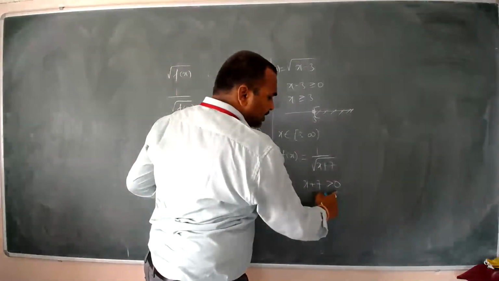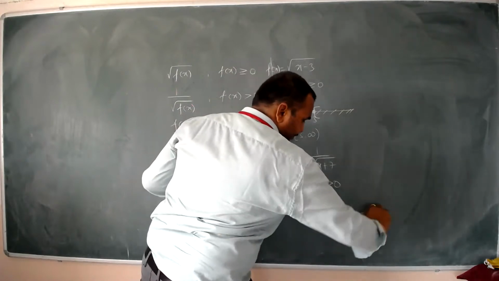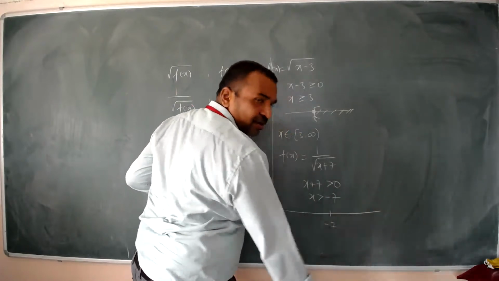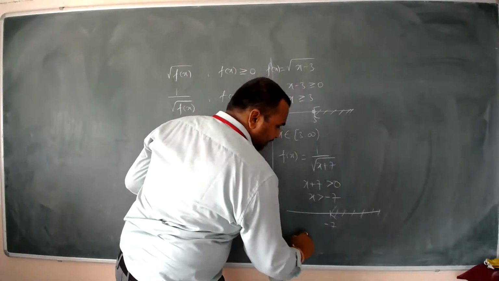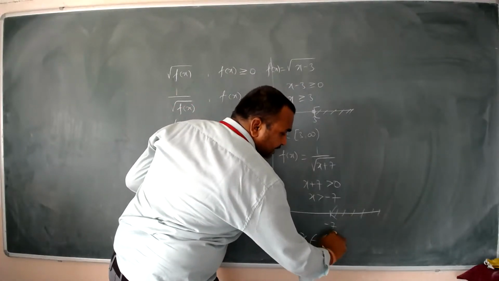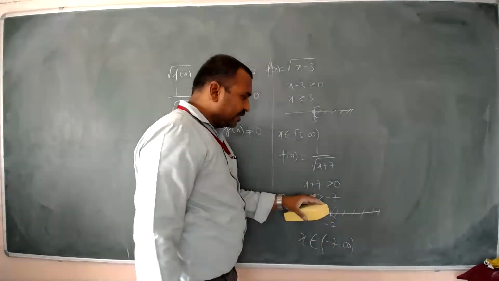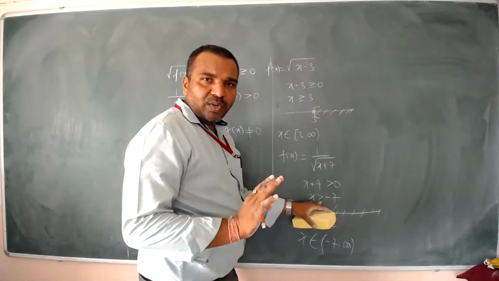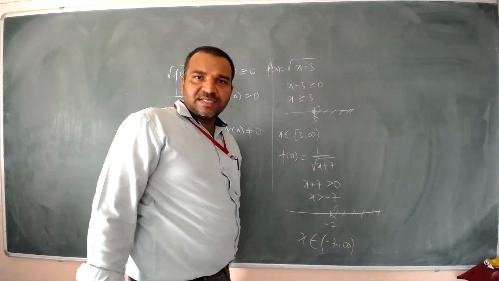X plus 7 is greater than 0 means x is greater than minus 7 only. So here I'm taking minus 7. Greater than means right side, this part. So what is the domain? Minus 7 to infinity. Here minus 7 is not included because only greater than is there. Equality is not possible. That's why x belongs to the open interval minus 7 to infinity.